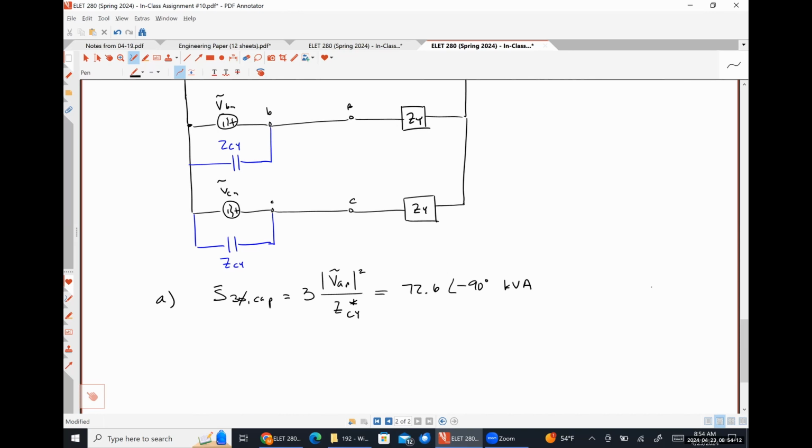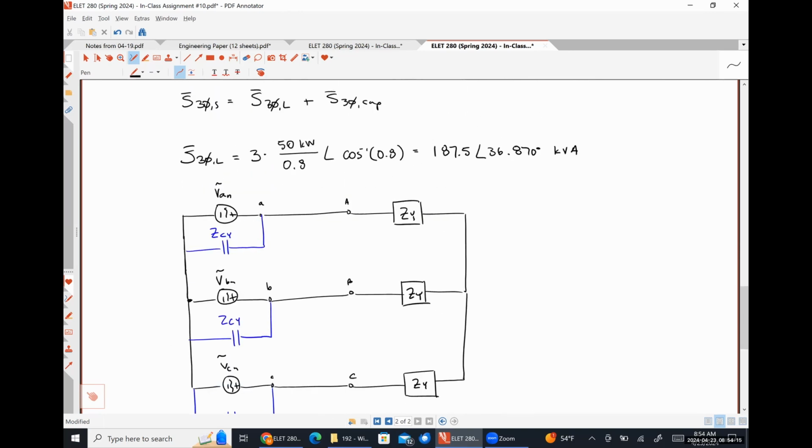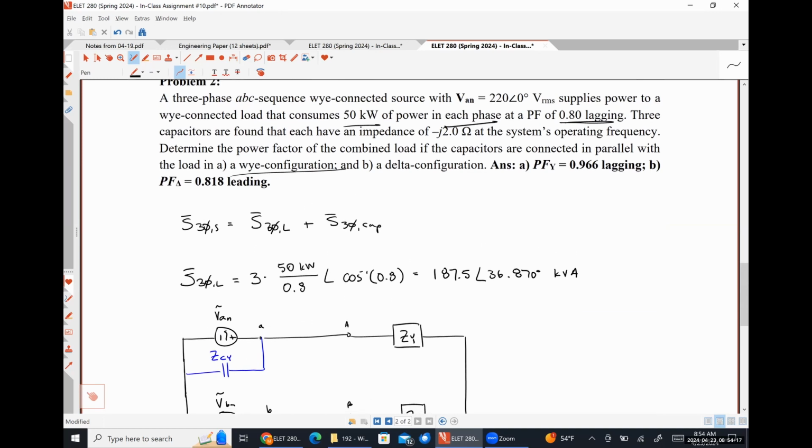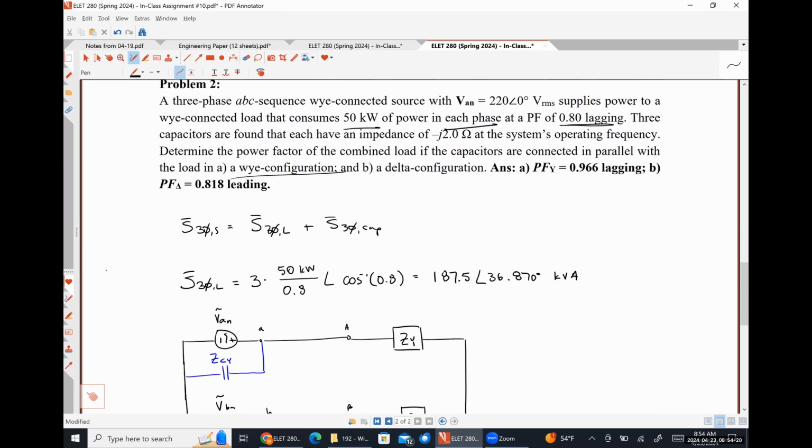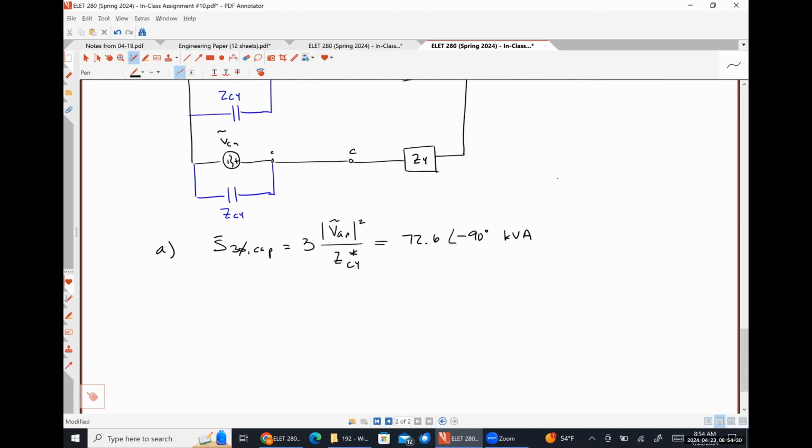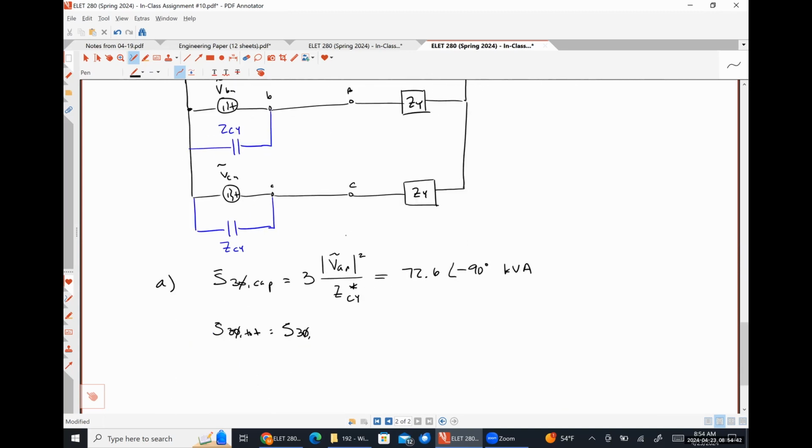So we now need to figure out the complex power of our combined load. So that being our load itself plus the capacitor bank. So we're simply going to add those guys together, right? So let's call that S 3-phase total is just S 3-phase L plus S 3-phase cap.